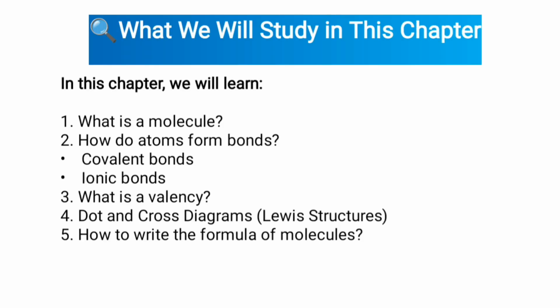Now, my dear student, what will we study in this chapter? In this chapter, we will learn, first, what is a molecule; second, how atoms form bonds, covalent bonds and ionic bonds; third, what is valency; fourth, dot and cross diagrams, Lewis structure; and fifth, how to write the formula of molecules.